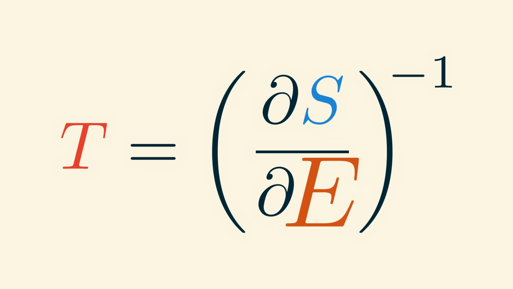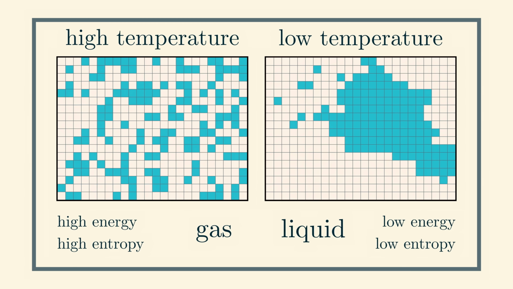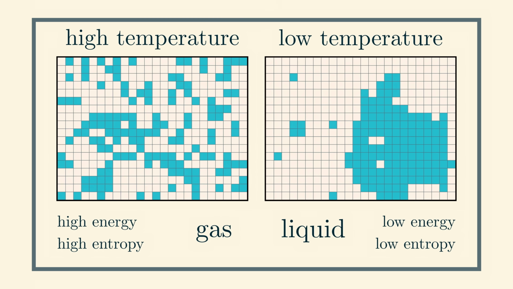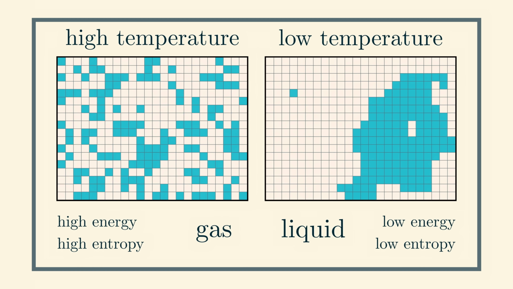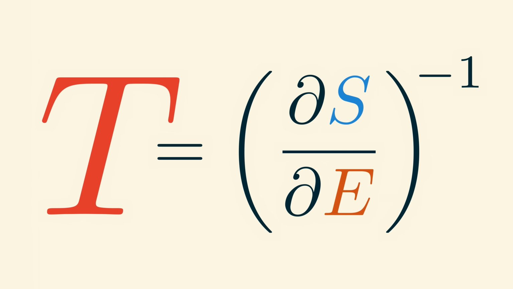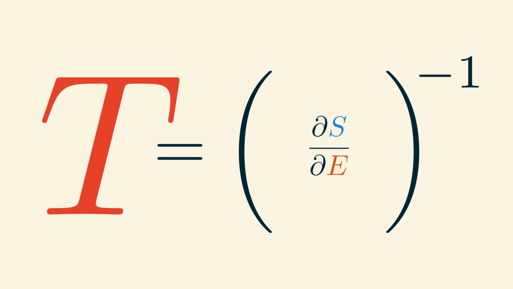Generally, increasing the energy also increases the number of microstates available to the system. For instance, like we saw before, there are many more gas microstates than there are liquid microstates in our discretized simulation. But this increase is not consistent. At high temperatures, when the derivative of entropy with respect to energy is small, adding or removing energy doesn't impact the number of microstates that much.